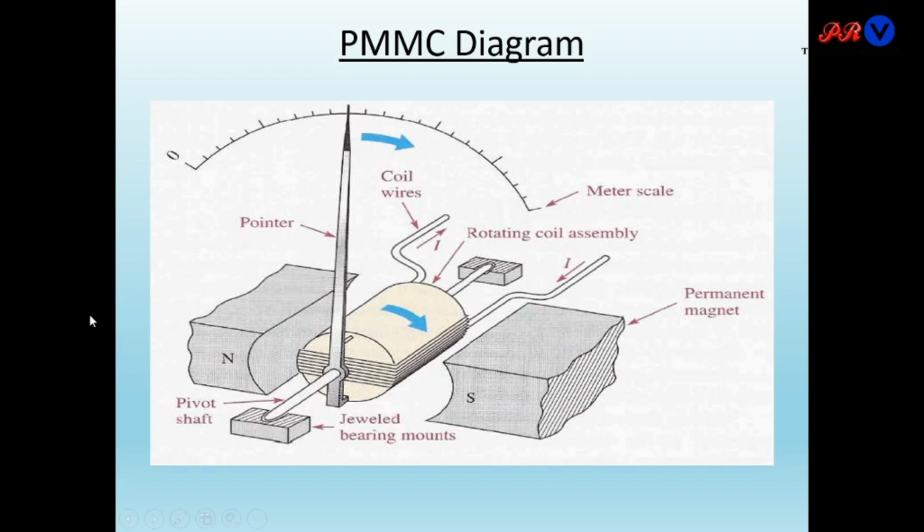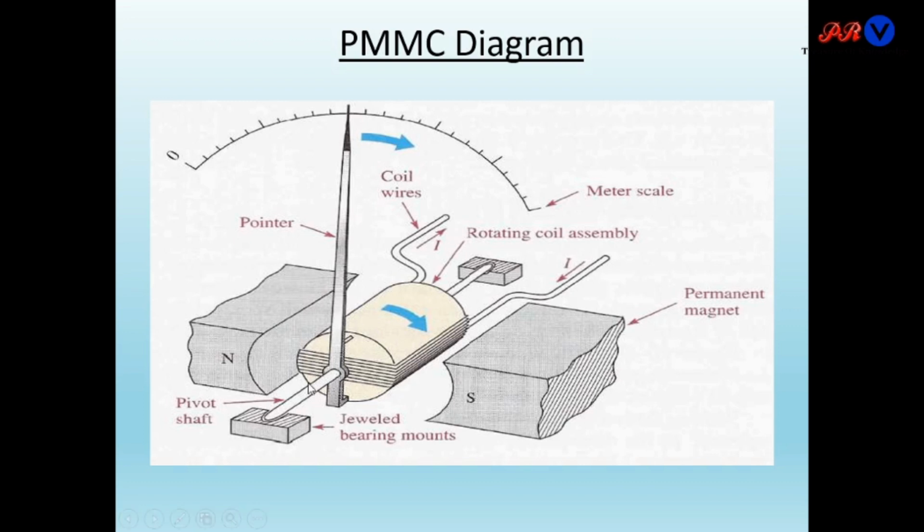Here we will see that the permanent magnet is present here, and this is our pointer and scale arrangement. This is the scale, this is the pointer. The pointer is connected to the coil through which current will be passed, and these are the coil wires which are used to connect the circuit whose current we want to measure.